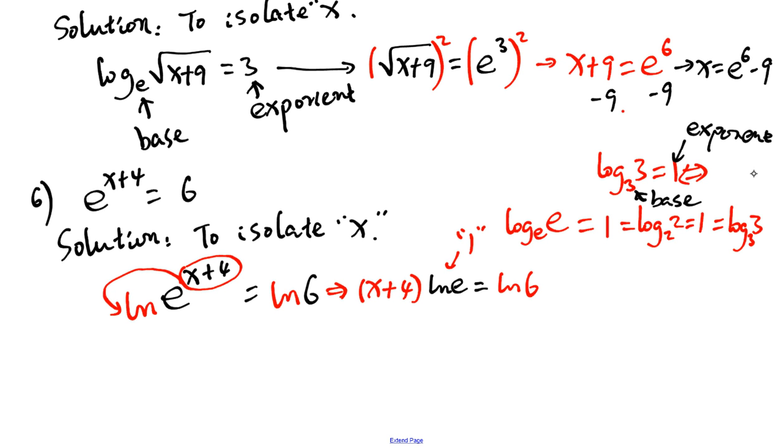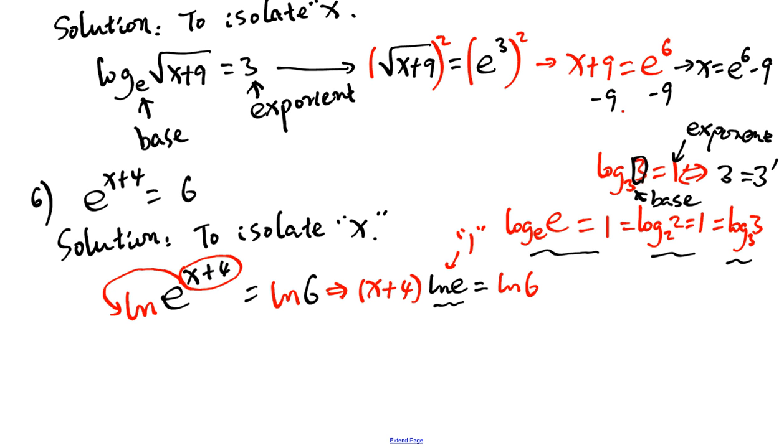So the base 3 to the exponent 1 equals 3. Everyone knows that. That's why they are all 1. So remember, this is 1.